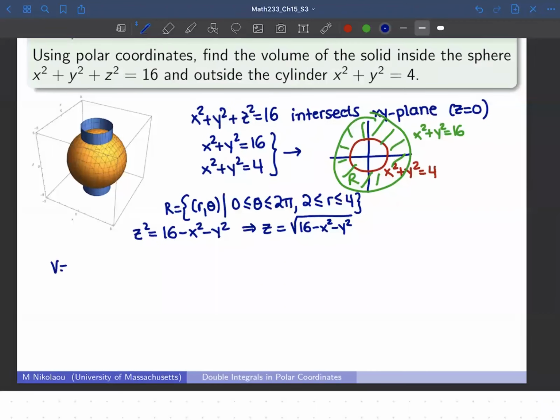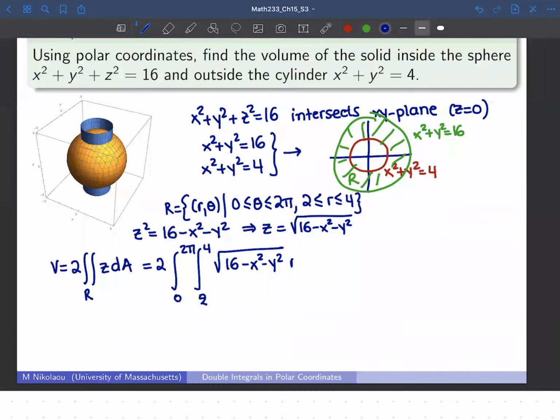Therefore, the volume would be equal to 2 times the double integral over the region R of z dA. That would be equal to 2 times the integral, theta going between 0 and 2 pi, and the integral where r goes between 2 and 4 of z, which is the square root of 16 minus x squared minus y squared, times dA, which is equal to r dr d theta.